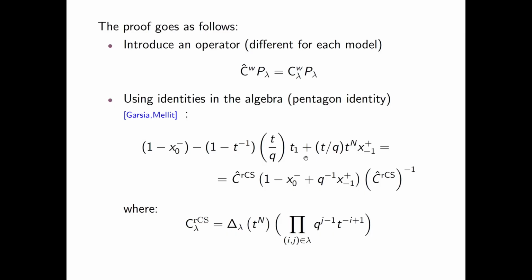Then, using identities in the algebra, which is a very interesting algebraic manipulation, but I'll skip it in this talk. There's something called the pentagon identity in this algebra, which allows us to show that this whole operator for the Chern-Simons theory, in step one, if we conjugate it by the C hat, done specifically in the case of Chern-Simons theory, we get a much simpler operator.